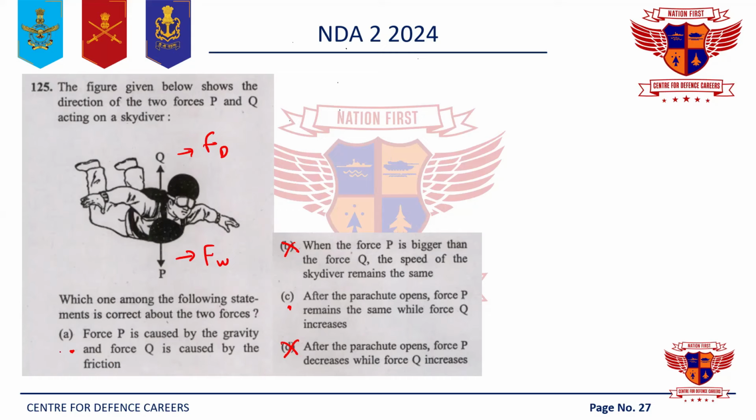If you look at option A, they have mentioned force P is caused by gravity and force Q is caused by friction. They have just mentioned friction and not air friction. So because of the ambiguity of the question, we have to eliminate option A and go with option C. According to me, you should get marks for this, but again, they have not mentioned air friction in option A. The question is ambiguous, and that is why we have to eliminate option A and go with option C.